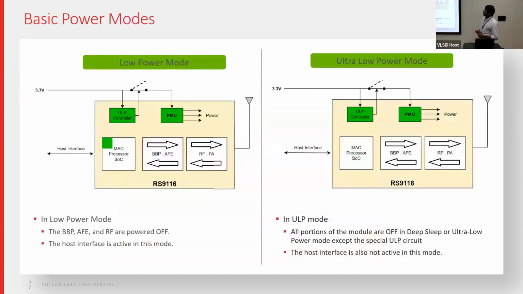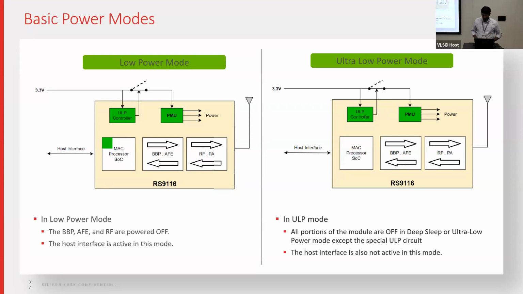So we'll see the basic power modes of our RS916 products. The first one is the low power mode. In the low power mode, the baseband processing, the analog front end circuit, and the RF circuit will be powered off, and only the host interface, the communication between the host and the module, will be active.